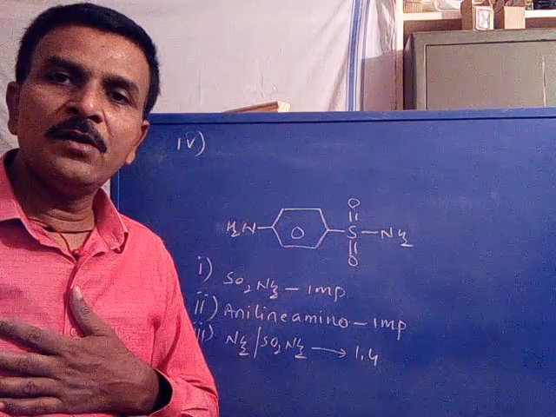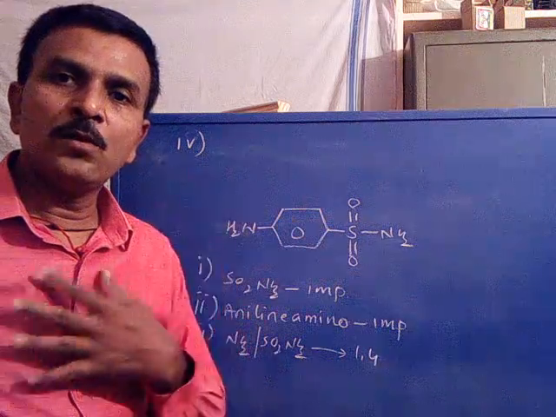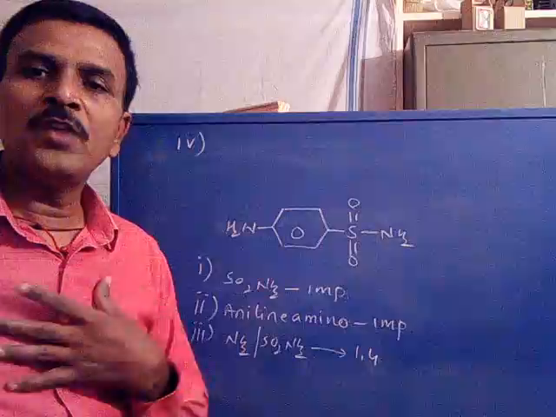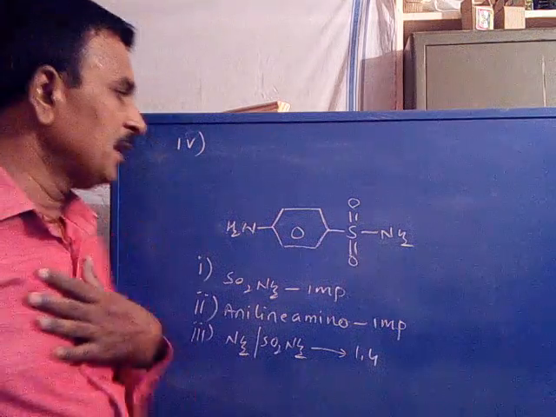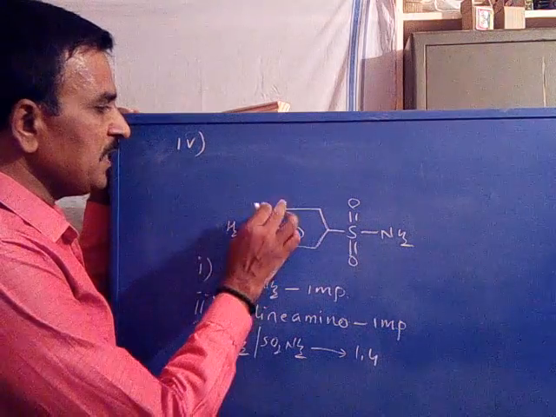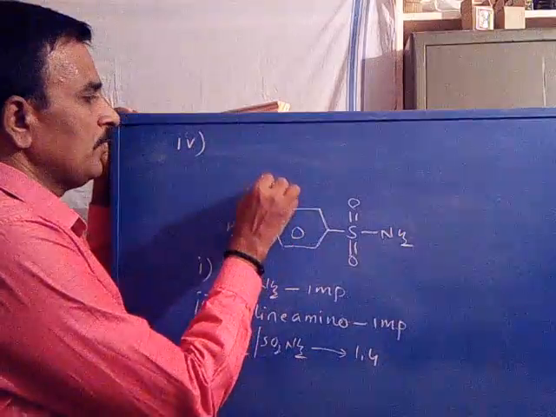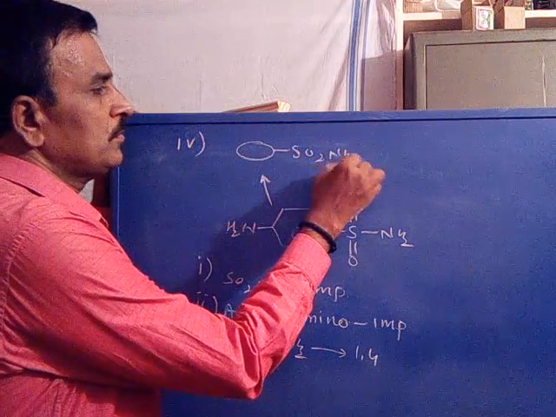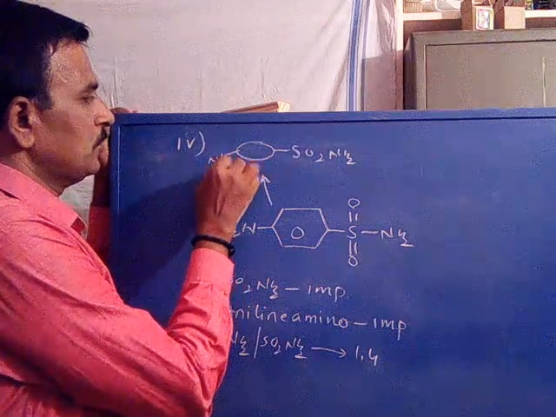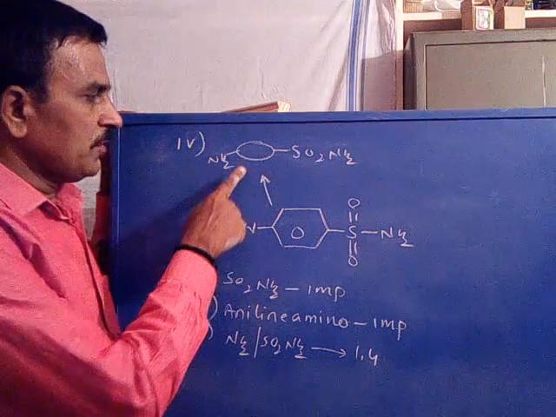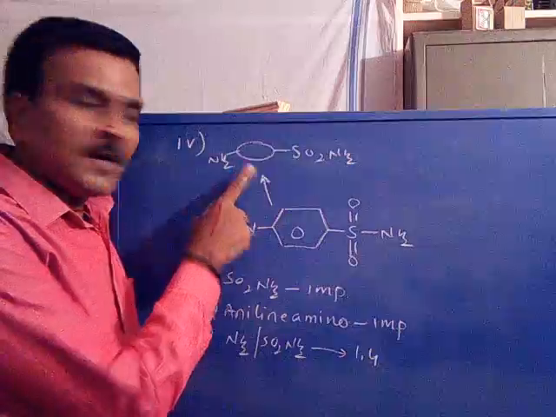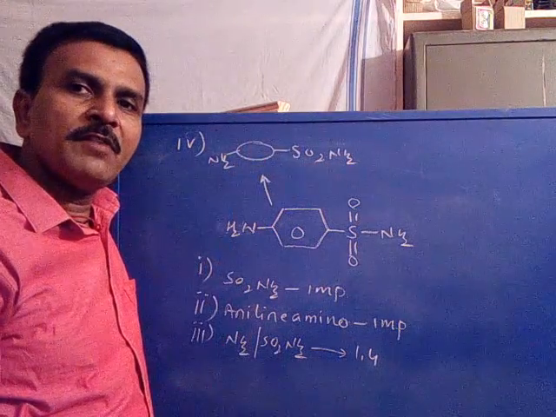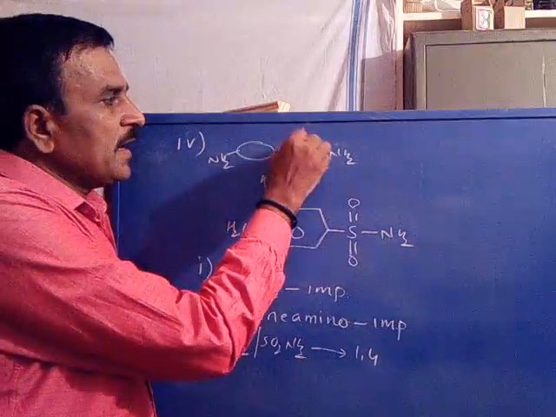Substitution of benzene hydrogen by other groups like alkyl or aryl or heteryl may decrease its activity. When benzene is substituted with another ring, this ring may be carbocyclic or heterocyclic, whatever it may be, it decreases the activity.